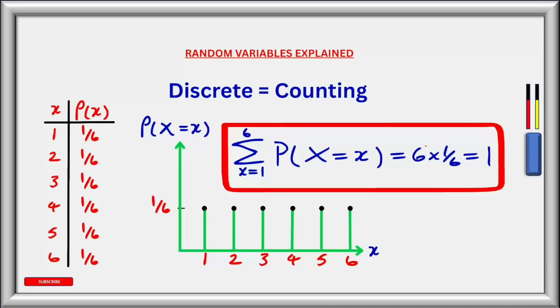And now, because one of the possible faces must land facing up, adding up all 6 probabilities in the table, or summing the heights of every spike on the graph, always equals exactly 1. So the sum from x equals 1 to 6 of the probability that capital X equals lowercase x is equal to 6 multiplied by 1/6, and this equals 1.